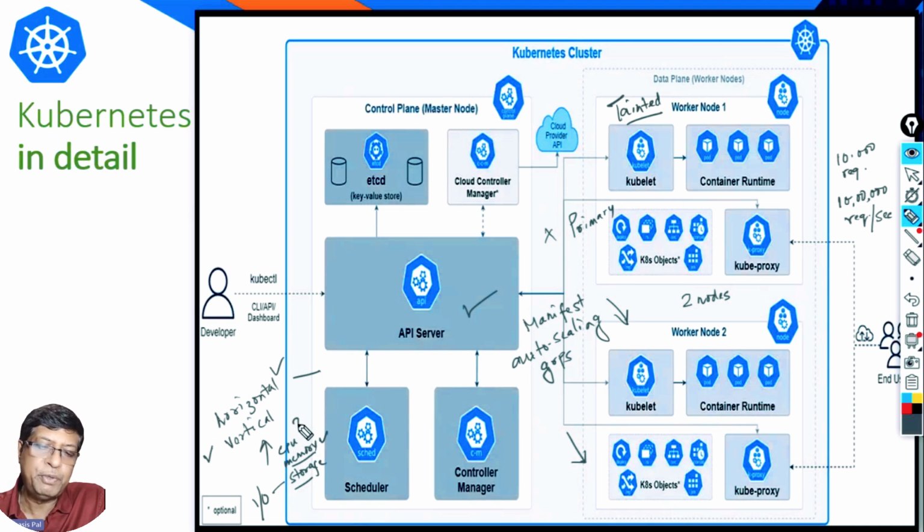You may, from 8 CPUs, make it 16 CPUs, but all automated. You say at a threshold point of 80%, I will increment the number of CPUs by say 50%. So from 8, it will go to 12 at 80%. Maybe at 90%, it will go to 75% more, so something like 14 CPUs.